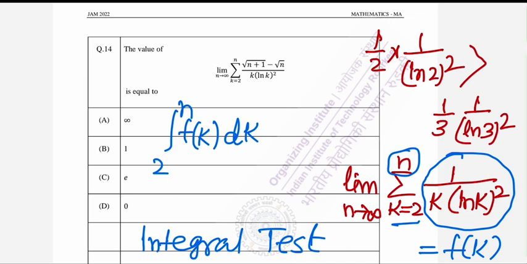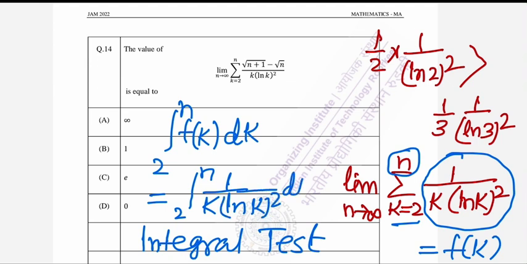So the next step will be integral from 2 to n, and in place of f(k) there will be 1 by k ln k whole square, and here will be dk. It's a very easy integration to evaluate.